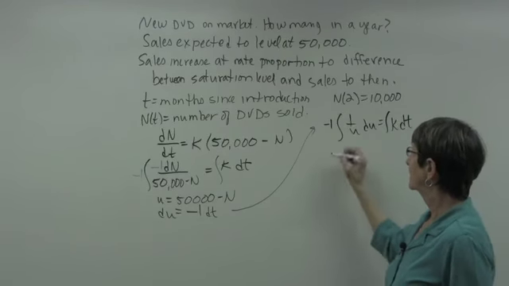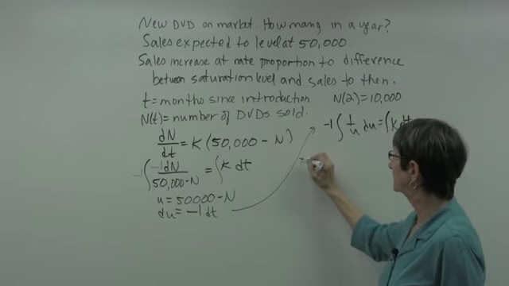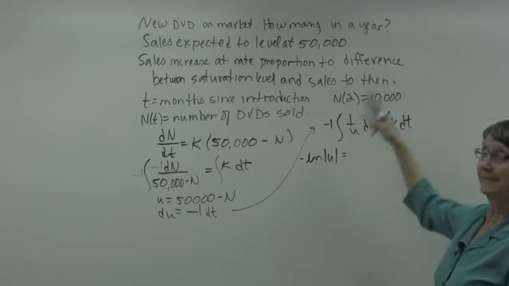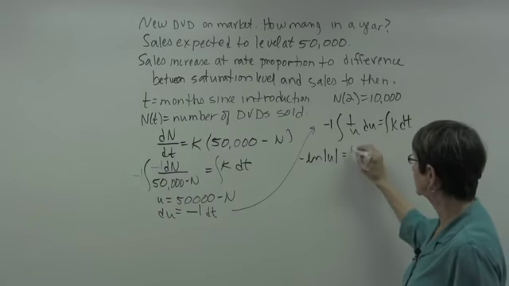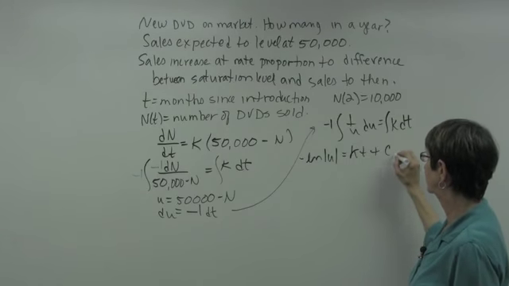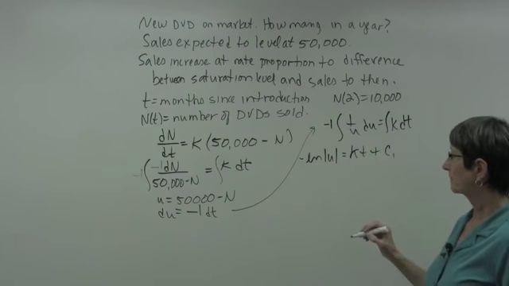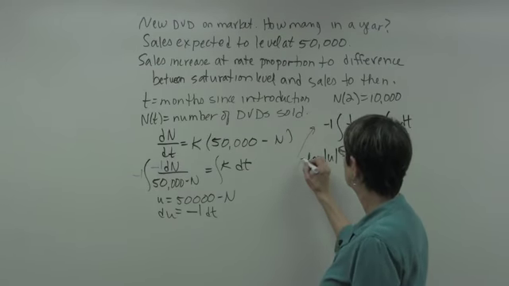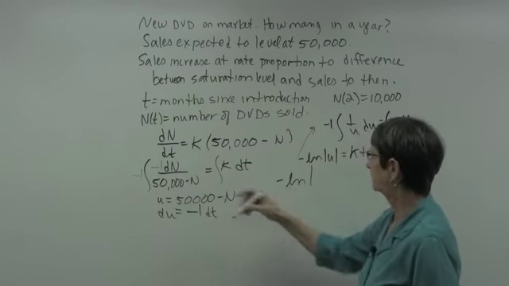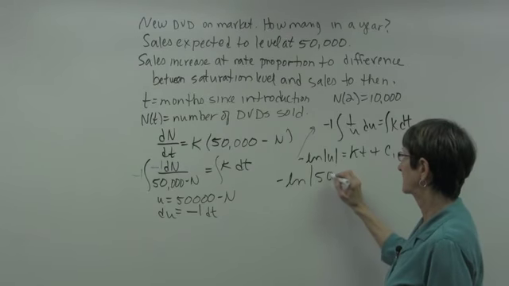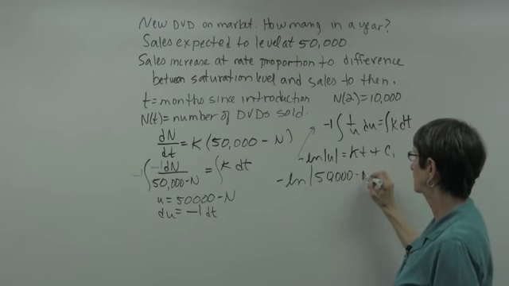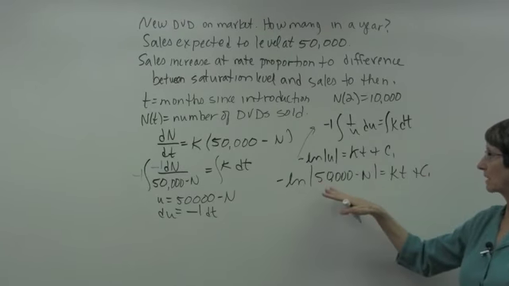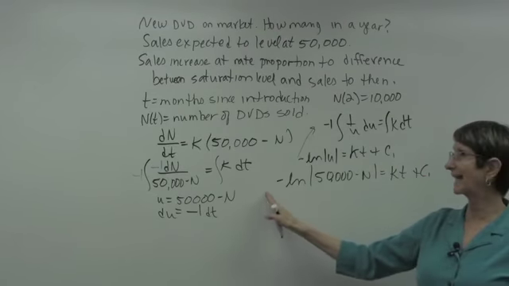So when I integrate, I have negative natural log of u, and I move the plus c to the other side, equals k times t plus c, call it C1. And I put in my negative sign: negative ln of 50,000 minus N equals kt plus C1.